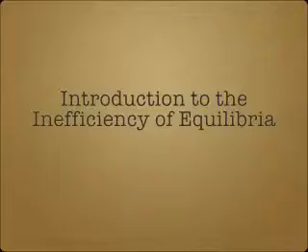Guarantees of this sort are particularly useful in many computer science applications, especially those involving the internet, where implementing an optimal solution can be impossible or prohibitively expensive. In the remainder of this section, we discuss different measures that quantify the inefficiency of equilibria.